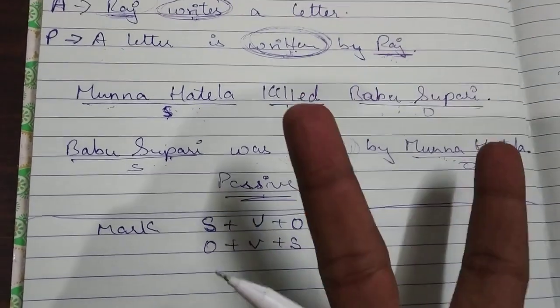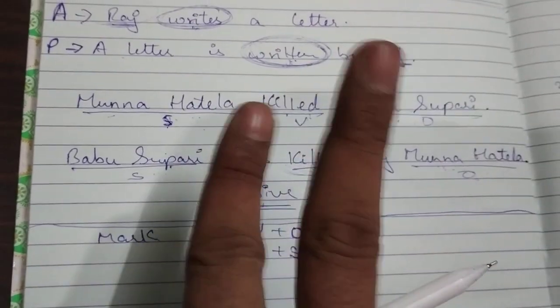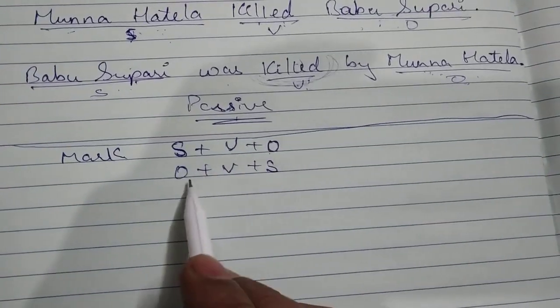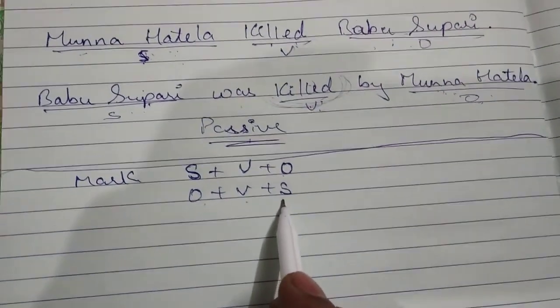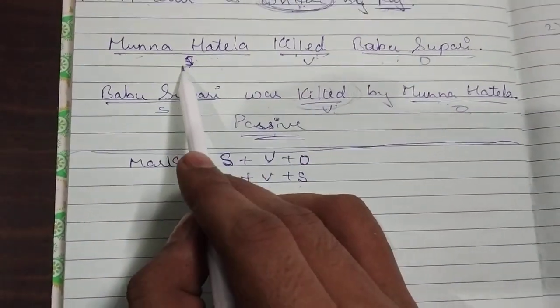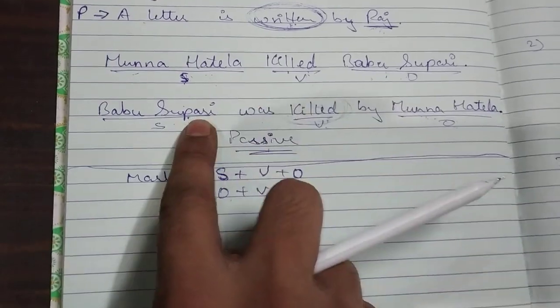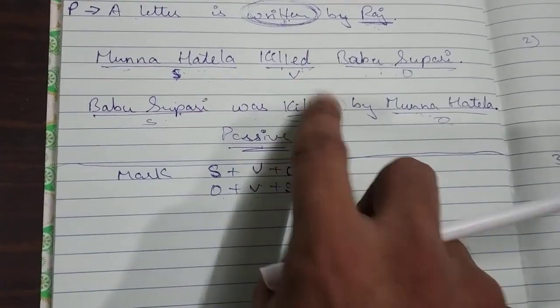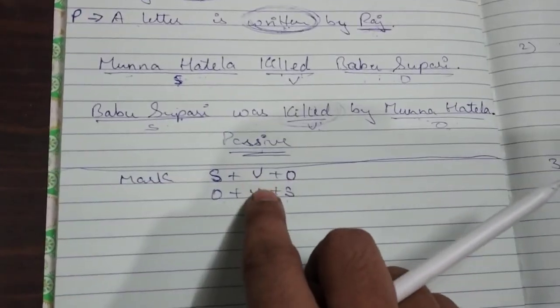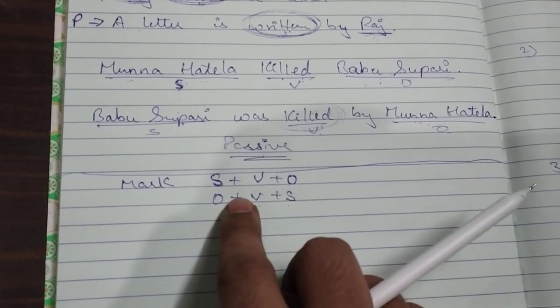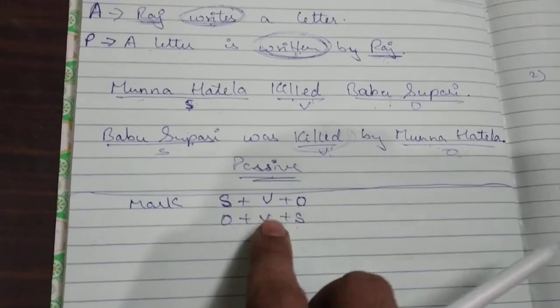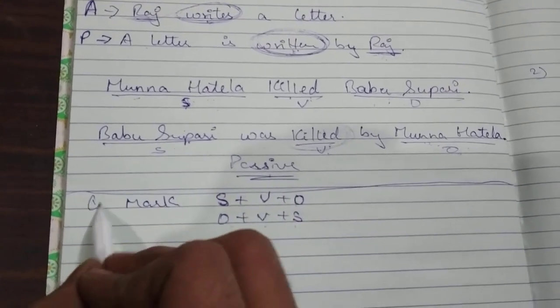So see how it changed. Subject, verb, object became object, verb, subject. So that is why you have to first mark subject, verb, object so that we can change it. Babu Supari comes here, Munna Hatela goes here, killed is in between, the subject came here, the object came here. Clear? That is why you always have to mark subject, verb, object.